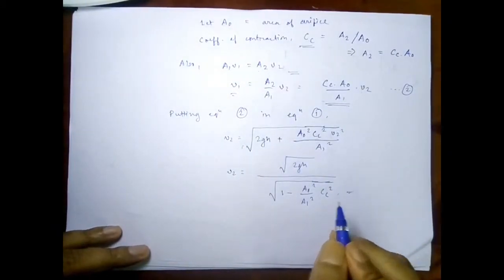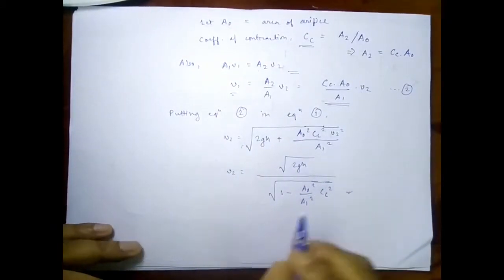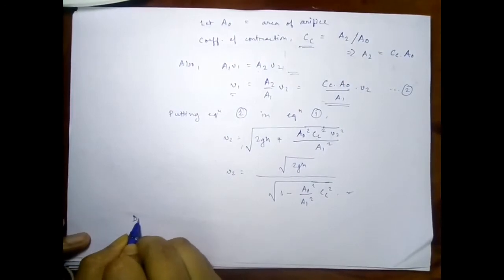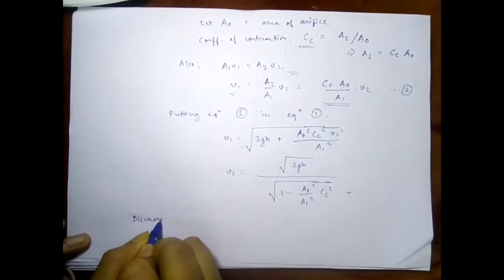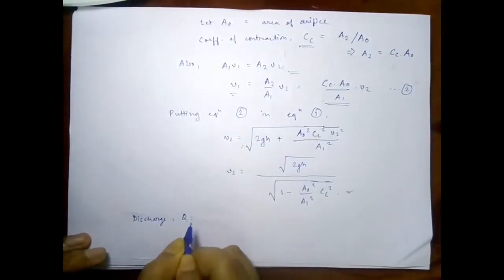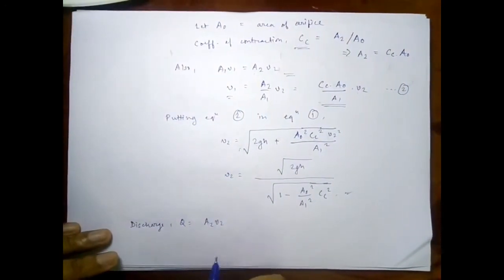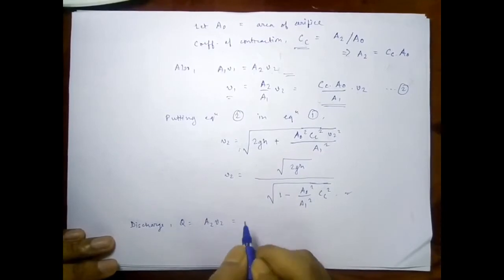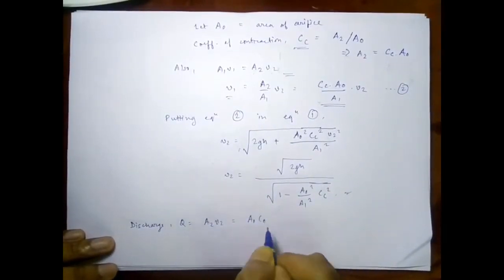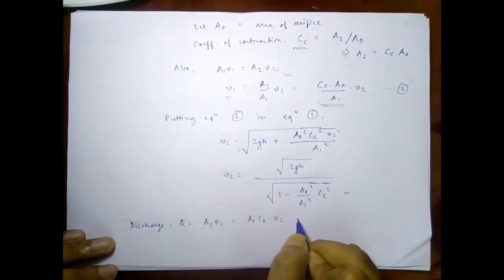And thus the discharge Q is equal to A2 V2, and I will write A2 as A0 CC times V2.